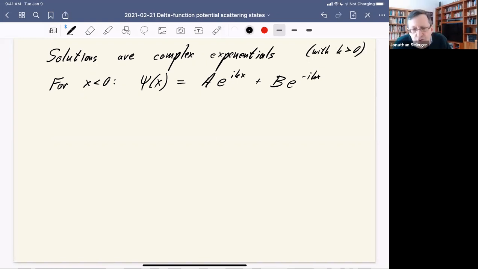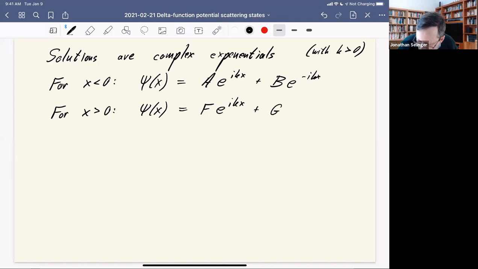These are two solutions: one is a wave moving to the right, the other is a wave moving to the left. And for x positive, psi of x is the same kinds of complex exponentials, but it could have different coefficients, same as we allowed for the bound state. So let's say it's f e to the ikx plus g e to the minus ikx.